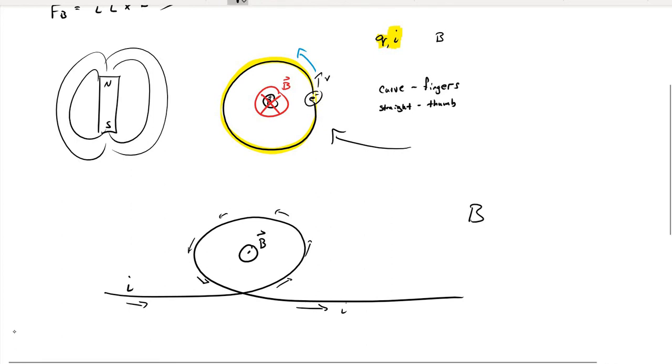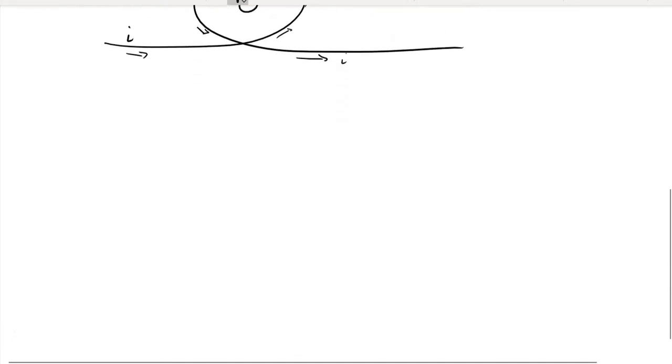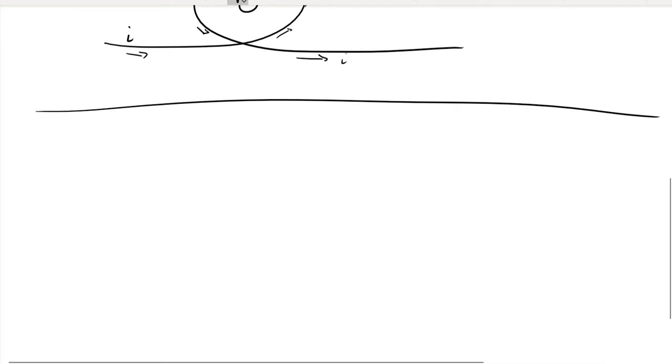But like any other vector, there's two pieces of information that we need: direction and magnitude. So what we're going to do is start off with actually a straight portion of wire. We'll make our way back to the curved portion of wire a little bit later.